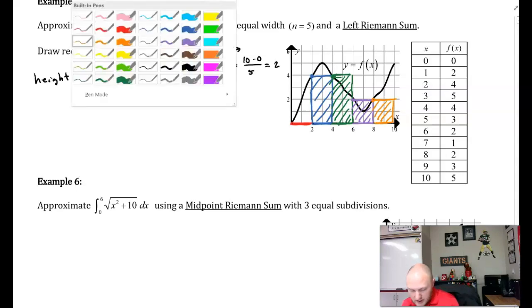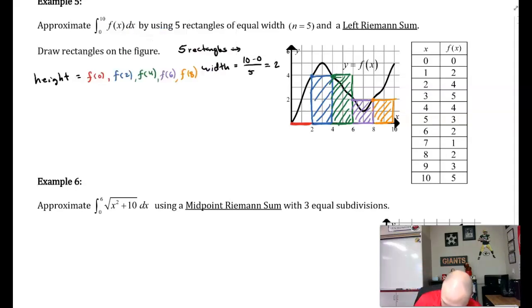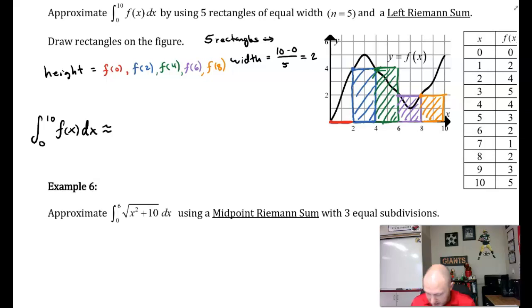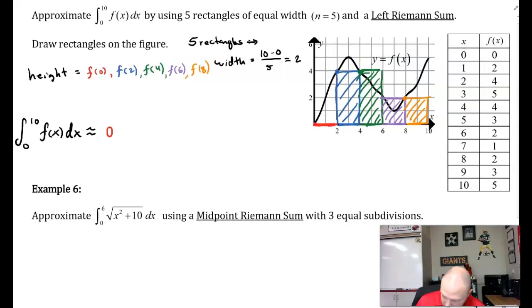Now I want to approximate the integral from 0 to 10 of f of x dx, which is the area. It's approximately, because remember, a Riemann sum is approximate, not exact. So I have the height f of 0, which is 0, times the width, which is 2, plus the height of f of 2, which looks like 4.